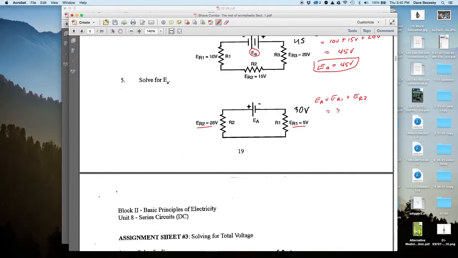ER1 is 5 volts. ER2 is 25 volts. So you add those together, you get 30 volts. EA equals 30 volts. That's a nice 3, I know. Let's try that again. EA equals 30 volts.